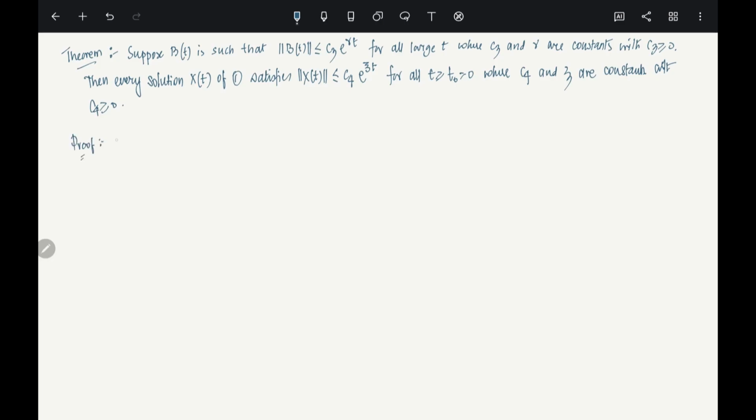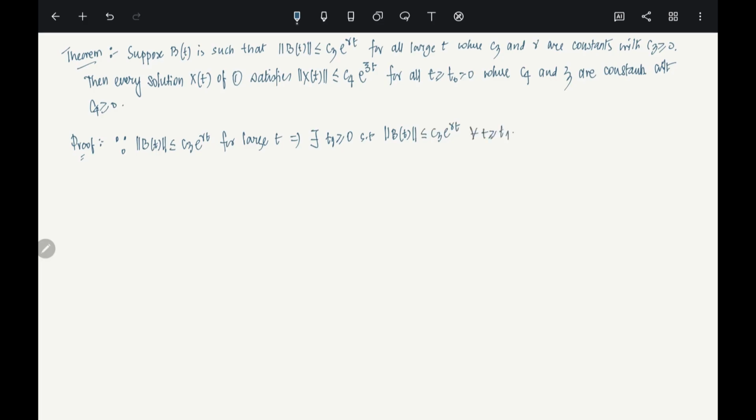Since the norm of b of t is dominated by c3 times exponential gamma t for large t, that will imply there exists t1 greater than or equal to 0 such that the norm of b of t is dominated by c3 times e to the power gamma t for all t greater than or equal to t1.